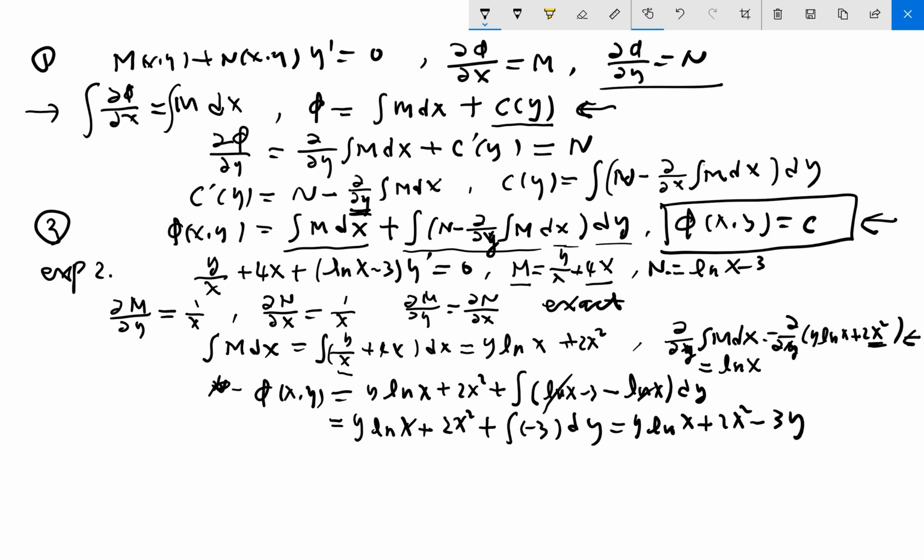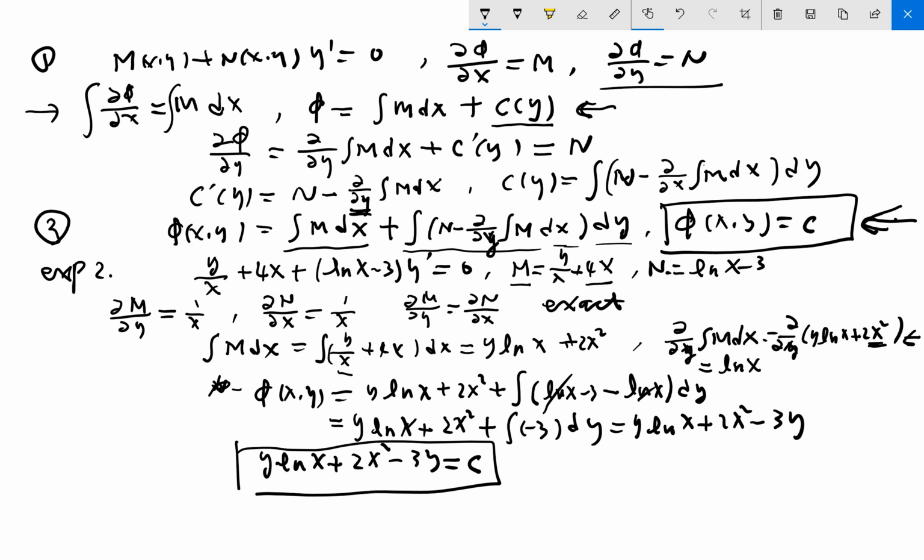So that's our phi of x, y. So our solution is this one: y ln x plus 2x squared minus 3y equal to constant. This will be our solution, which is the implicit function of x and y.